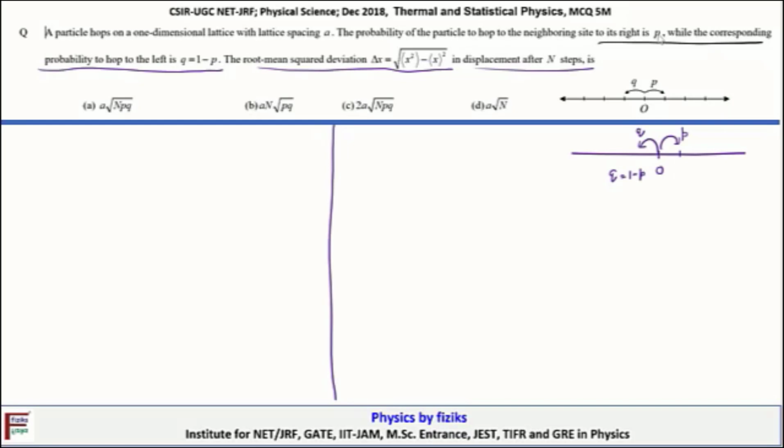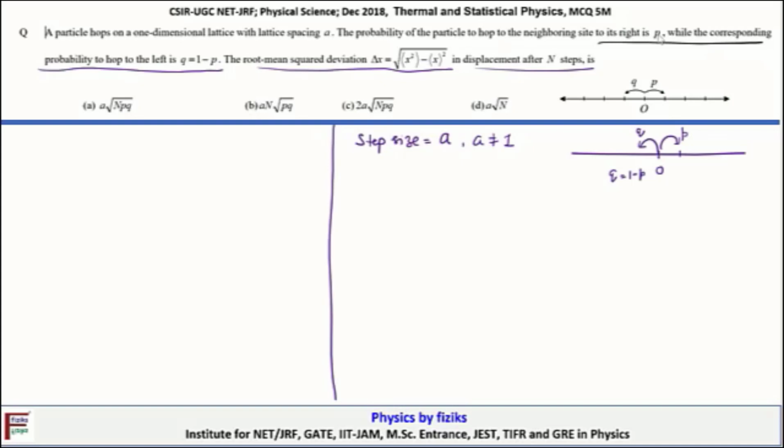Okay, and the other information that is given to us is the step size, this is equal to a. And it's not unity here, a is not equal to unity as done in the book.